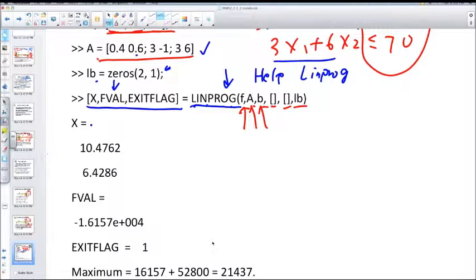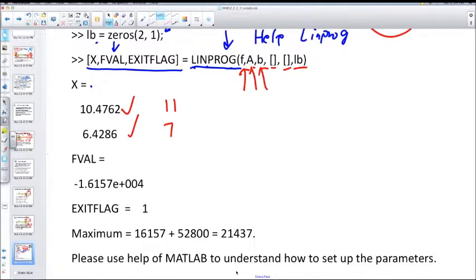Well, the answer is what we saw last time, 10.5 rounded to 11, and the second machine rounded to 7. And then your maximum productivity is 21,437. Then you solved it, just a few lines of code.